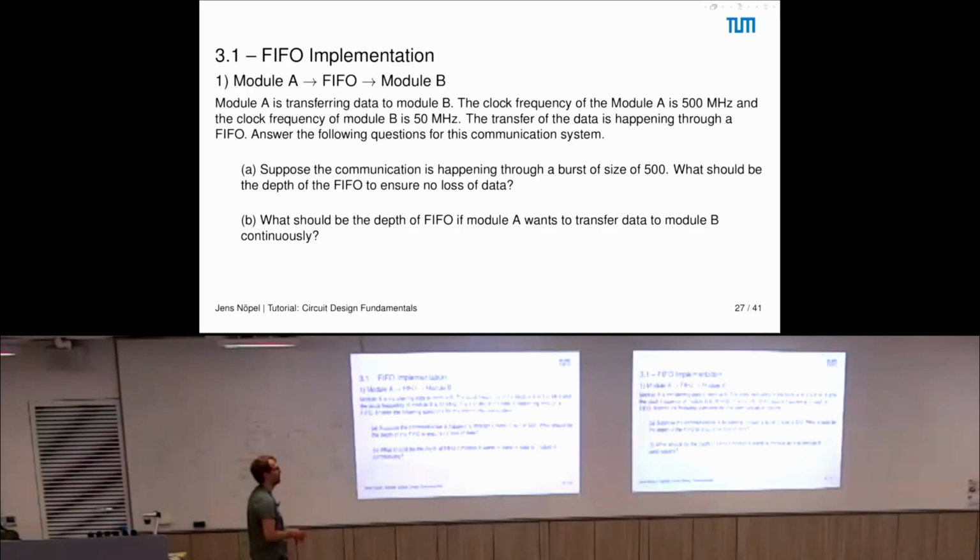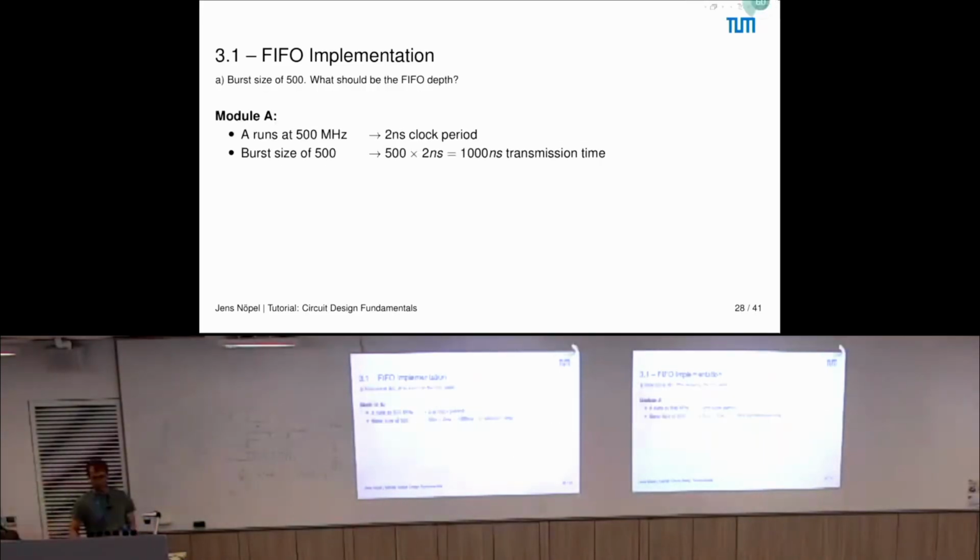Then you know this is the amount of packets that are read in the time module A has sent the packets, and the rest of the packets need to be buffered somewhere else, which is our FIFO.